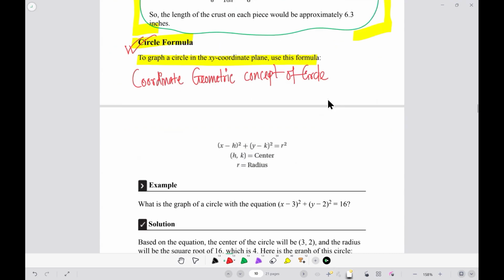In lines and slope, we talked about y equals mx plus c. You can also write this c as b, so y equals mx plus b. You can also write an equation as ax plus by plus c equals 0.